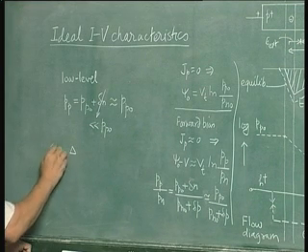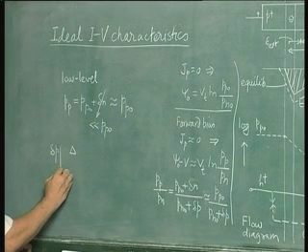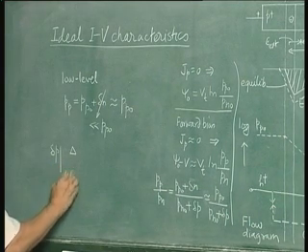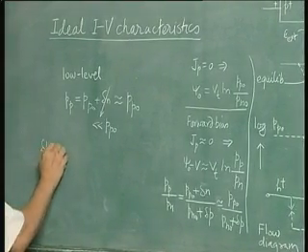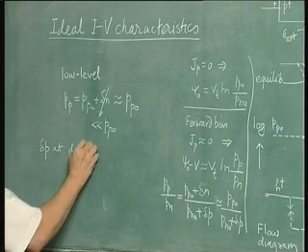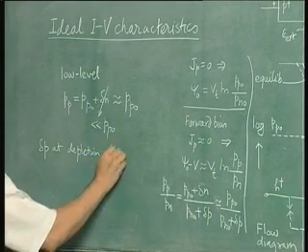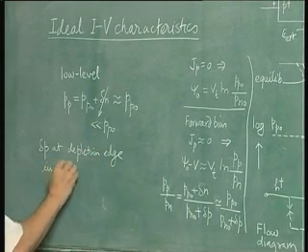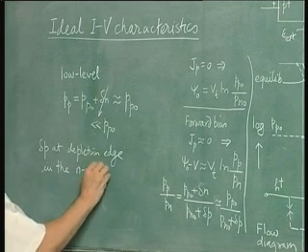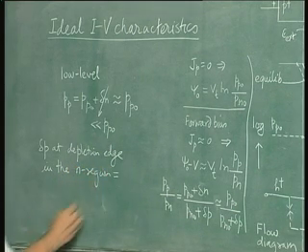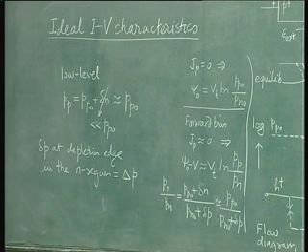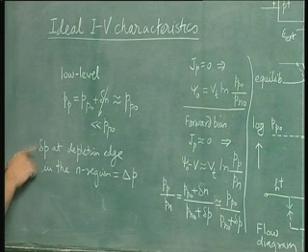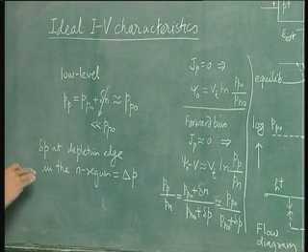So delta P at the depletion edge in the N region is equal to capital delta P, so that we can retain delta P symbol to show the value of excess hole concentration at any x.